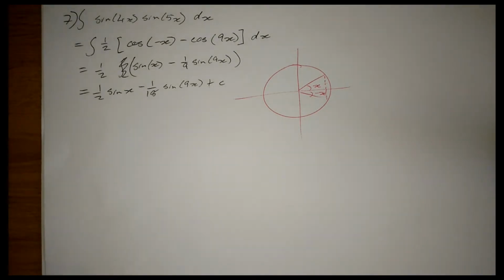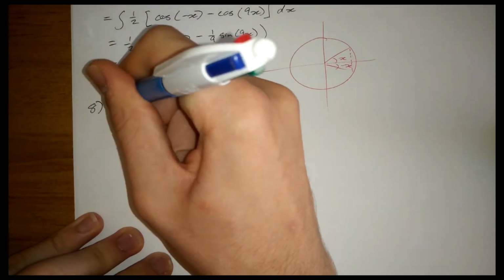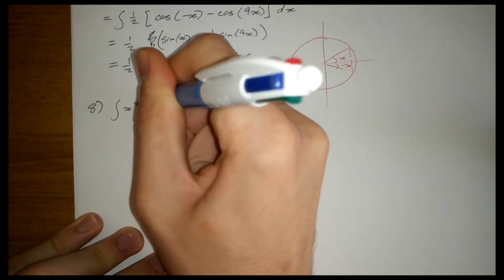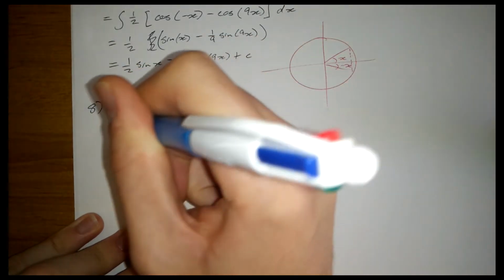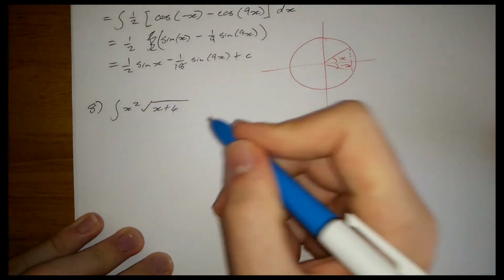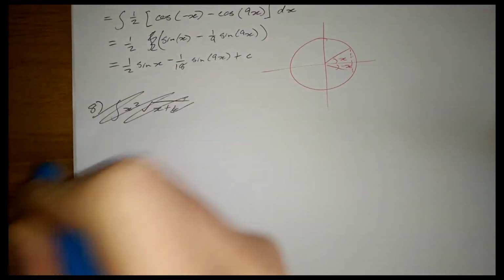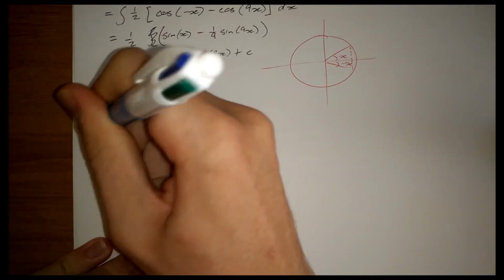On to the next question. Let's see if I can squeeze it in here. The integral of x squared x plus 4, which I think we already did. So that's not our next question. I don't know how that cropped up twice. Oh well. Question 9.